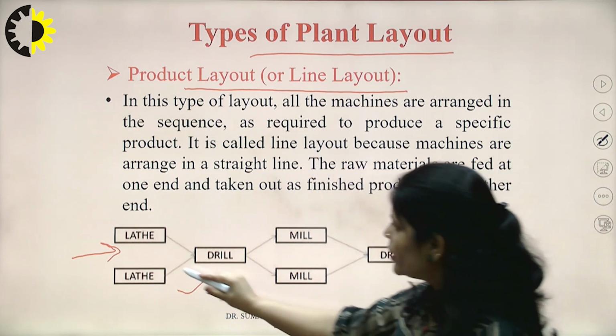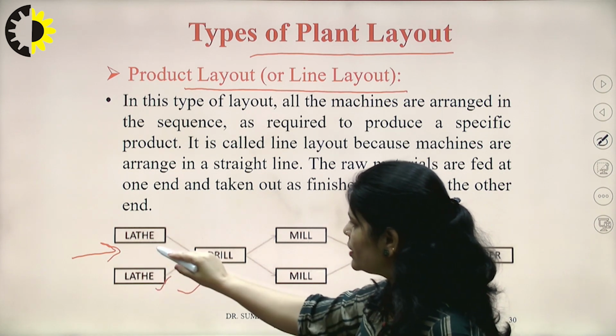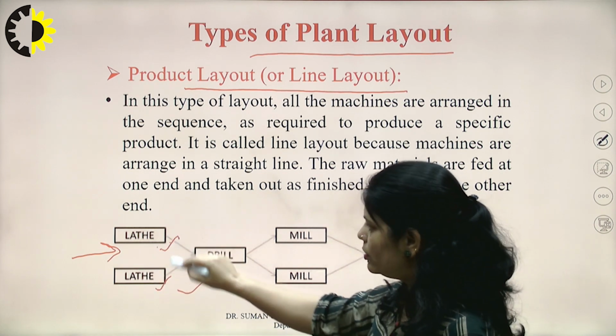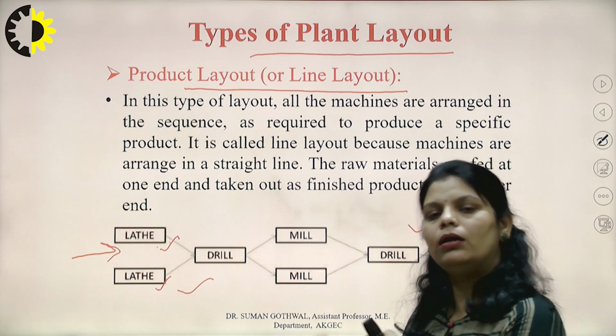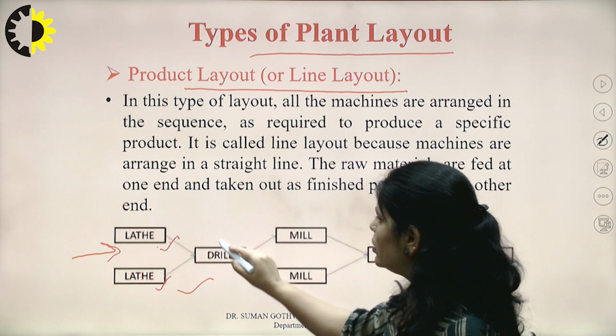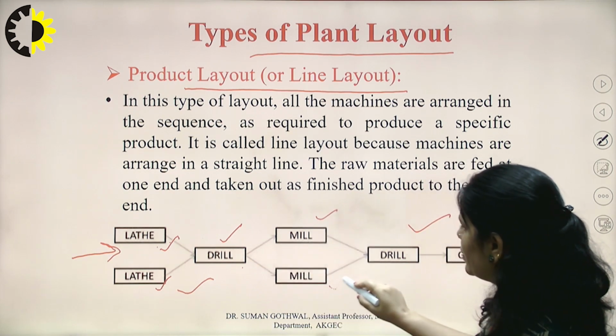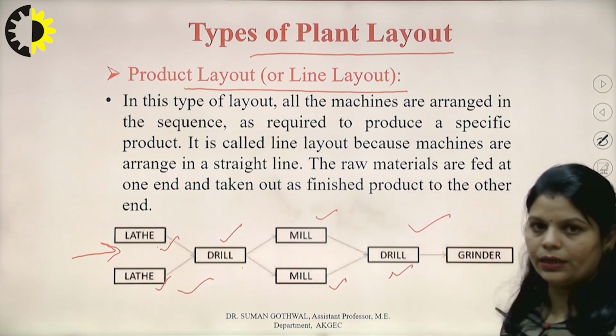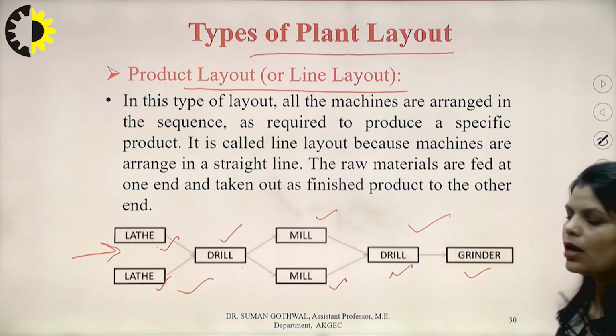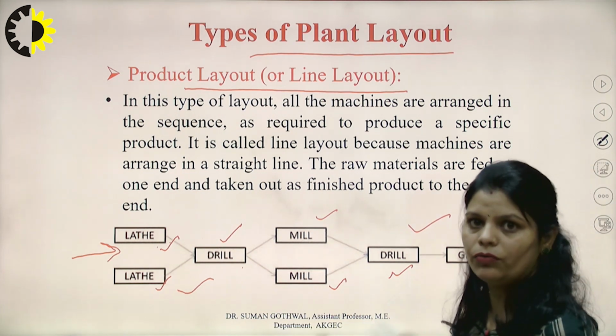Here we can see two lathes placed. After operating on the component on the lathe machines, drilling is required. So a drill machine is there, then two milling machines, then again drilling is required, and the last operation is grinding.